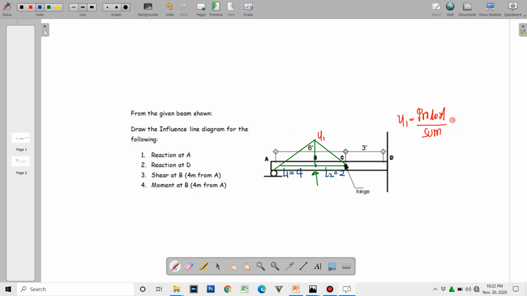So the product is 4 times 2 all over the sum, which is 4 plus 2. So basically this is 8 all over 6. So y1 will be equal to 8 all over 6. Okay, that is for the moment at B.